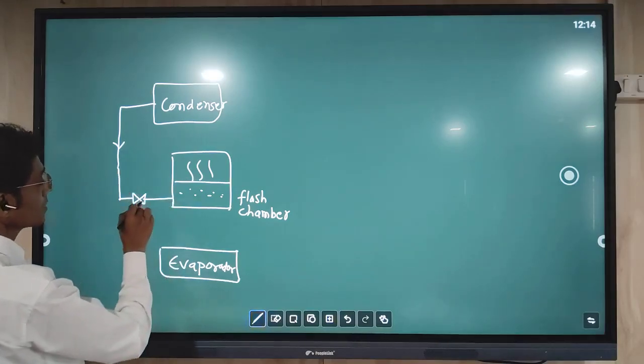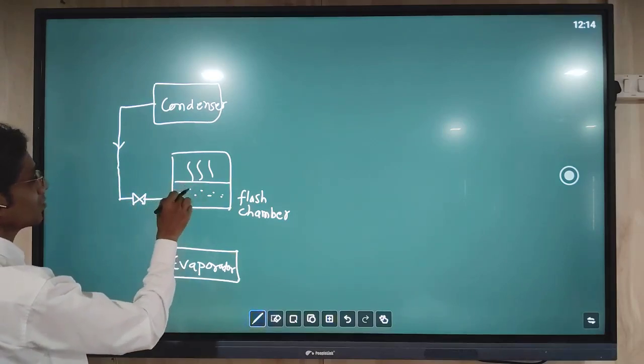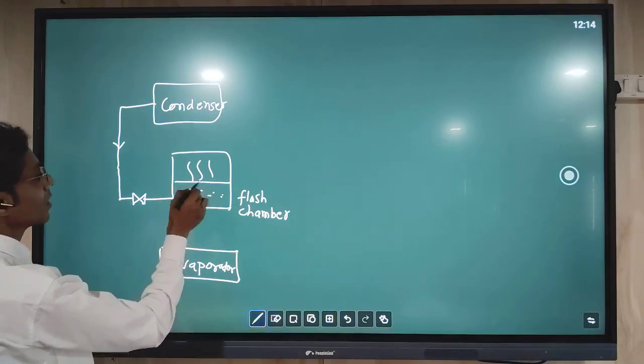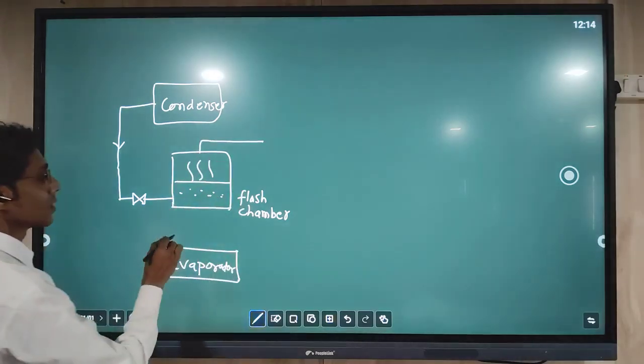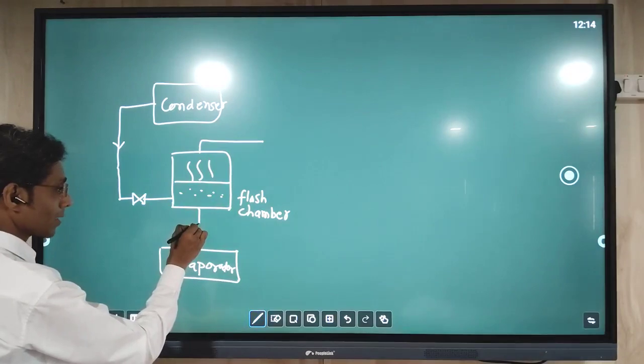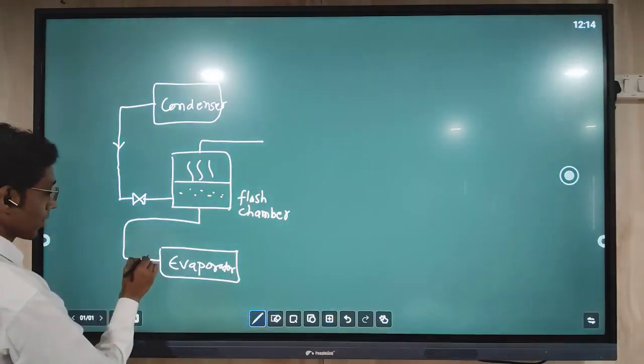During this expansion process, whatever flash gas is developed is removed and taken out, and the liquid part is given to the evaporator.